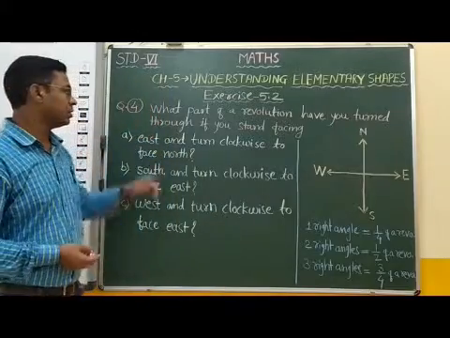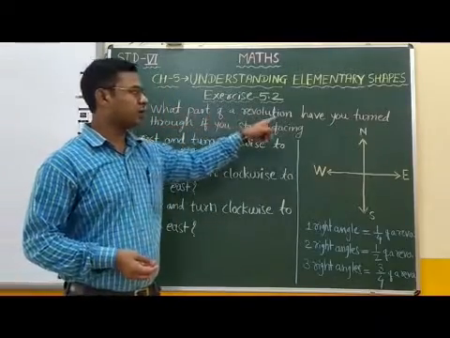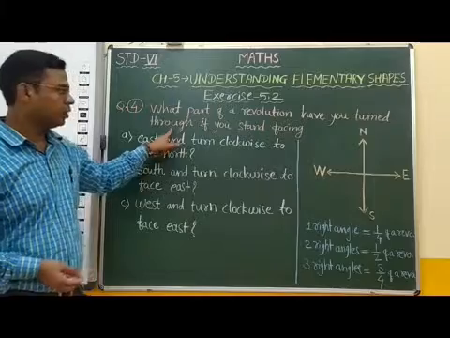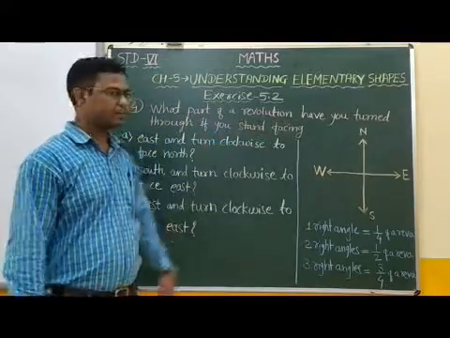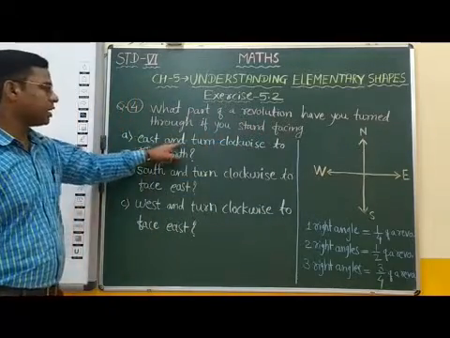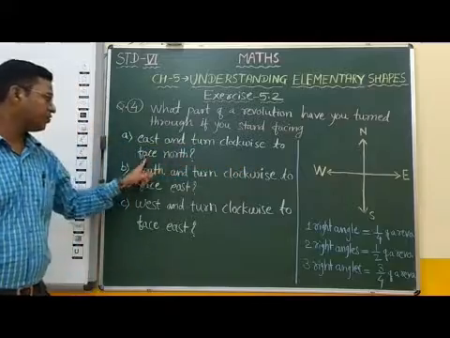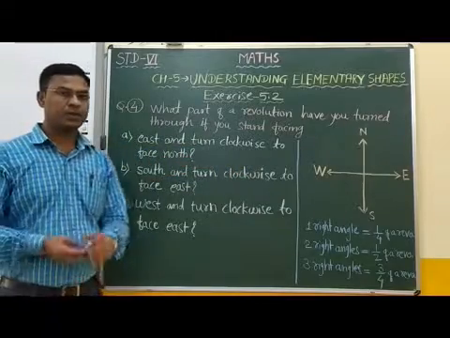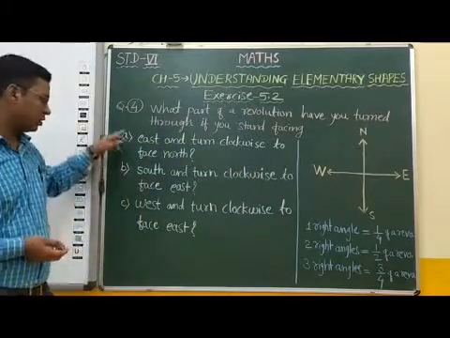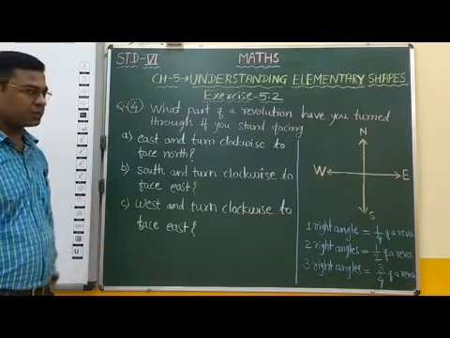Hello children, the question is, what part of a revolution have you turned through if you stand facing east and turn clockwise to face north? Here there are three sub questions.